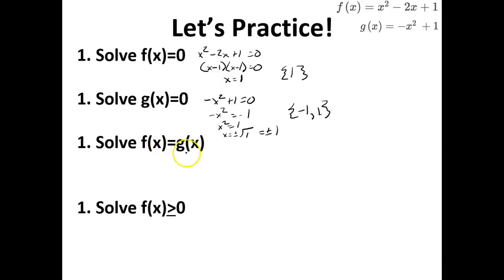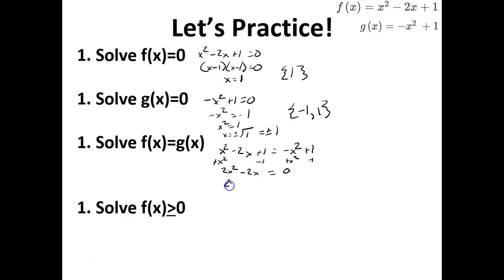Solve where f of x is equal to g of x. Well, that's where x squared minus 2x plus 1 is equal to negative x squared plus 1. So if I get everything on the same side, add x squared to both sides, I'm going to get 2x squared, and then subtract 1, minus 2x, 0 is equal to 0.